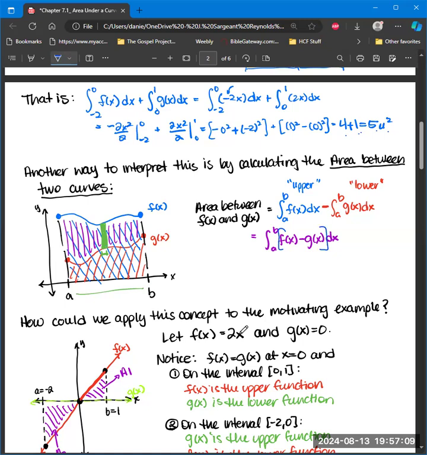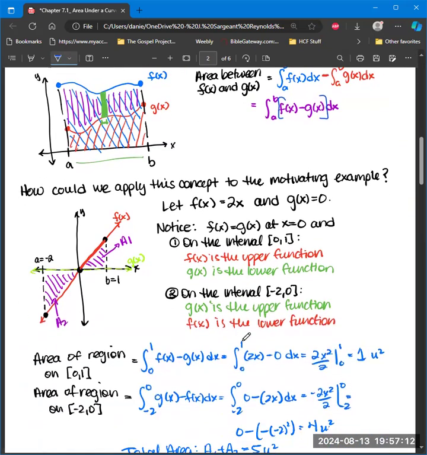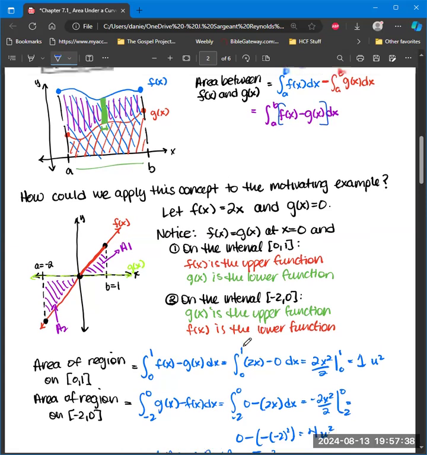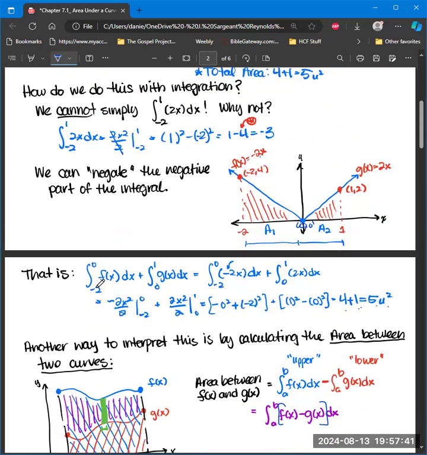How can we apply this concept to the previous example? Well, I can choose my second function to be g of x equals 0. Then with upper function minus lower function, 0 minus 2x gives me negative 2x on the interval from negative 2 to 0. f of x minus 0 is just f of x on my interval from 0 to 1, which works out perfectly with what we had up here: negative 2x from negative 2 to 0, and 2x from 0 to 1.